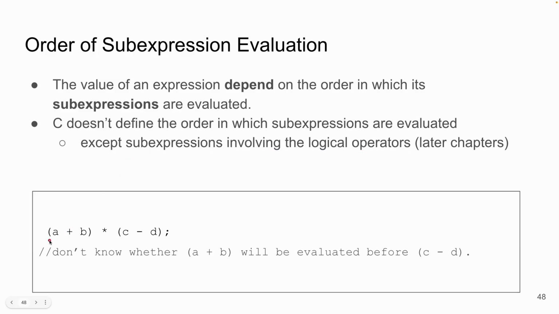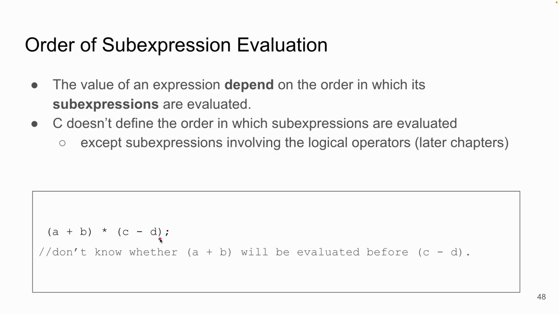For now, if an expression only has arithmetic operators or compound assignment operators, then we cannot know in this example whether this sub-expression is calculated first or that sub-expression is calculated first, because C doesn't define the order for this situation.